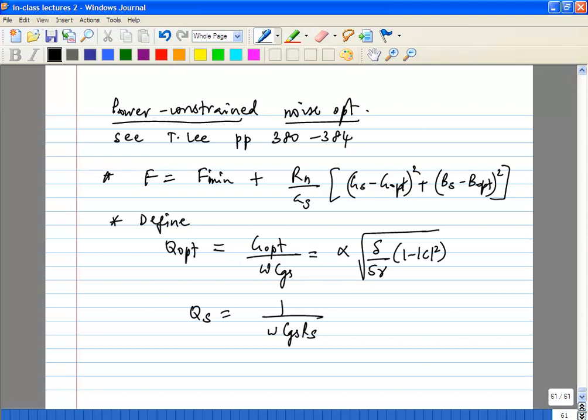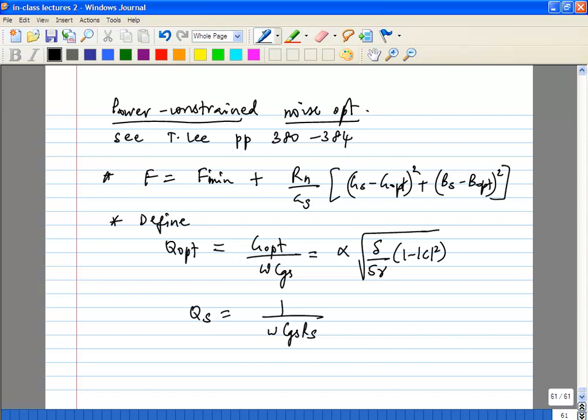So what you want to arrive at is an optimum width of the transistor, given a power dissipation bound. The width of the transistor comes through omega CGS, because CGS depends on the width of the transistor. So obviously QS will vary, so you want to find out the optimum QS.